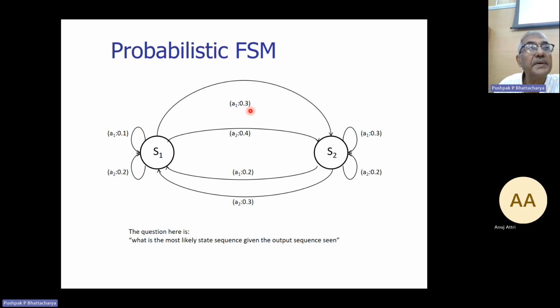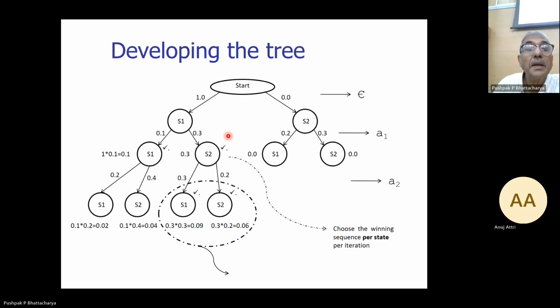S1 to S2 0.3. Then the observation is A2. So S1 to S1 with observation A2, the probability is 0.2. S1 to S2 0.4, S2 to S1 0.3, S2 to S2 0.2 as per the FSM given.